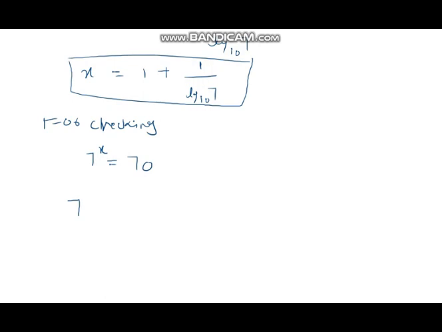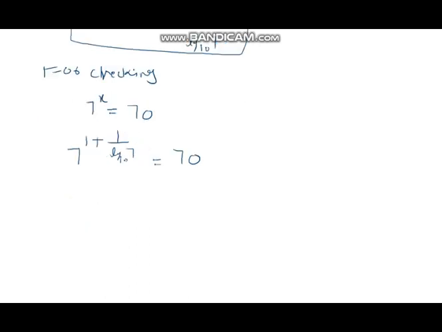So 7^(1 + 1/log base 10 of 7) is equal to 70. Now again taking log on both sides: log base 10 of 7^(1 + 1/log base 10 of 7) is equal to log base 10 of 70.